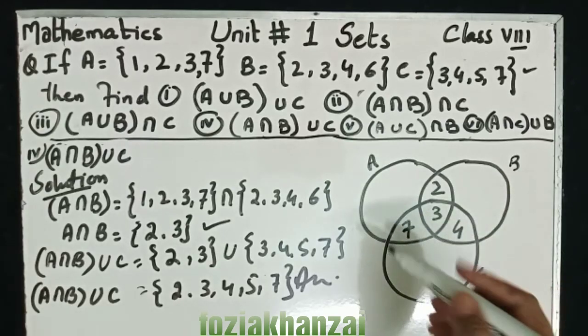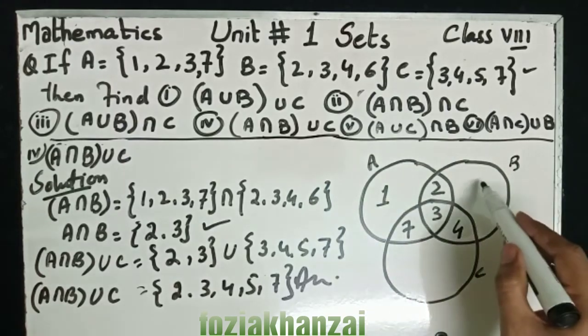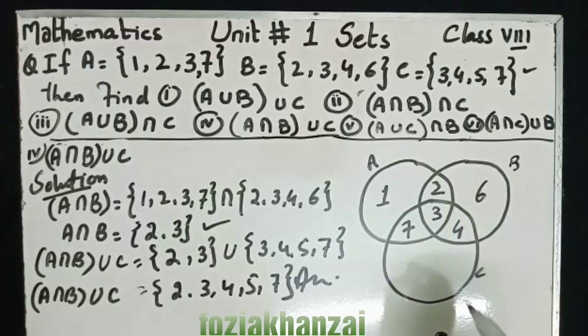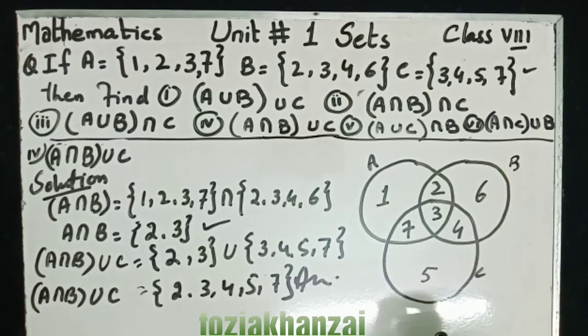After the common elements, the remaining element of set A is 1, of set B is 6, and 5 is the remaining element of set C. Now we apply shade or color.